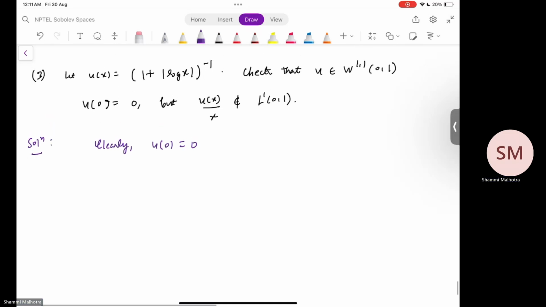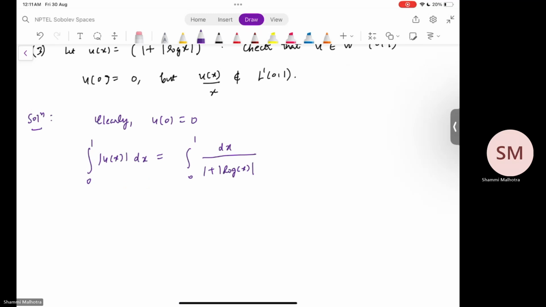And we need to see the integral from 0 to 1 of |u(x)| dx to be finite, which is nothing but the integral from 0 to 1 of dx over 1 plus |log x|, which is finite, since u(0) is 0 and u is continuous on the closed interval [0,1].